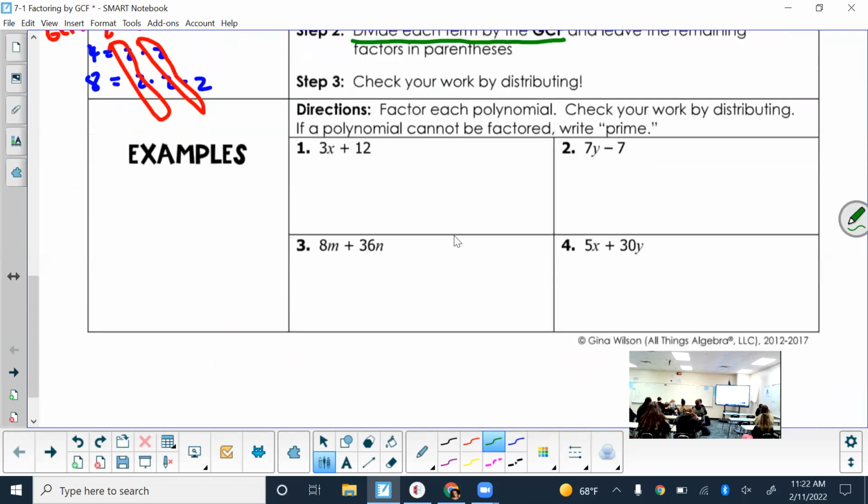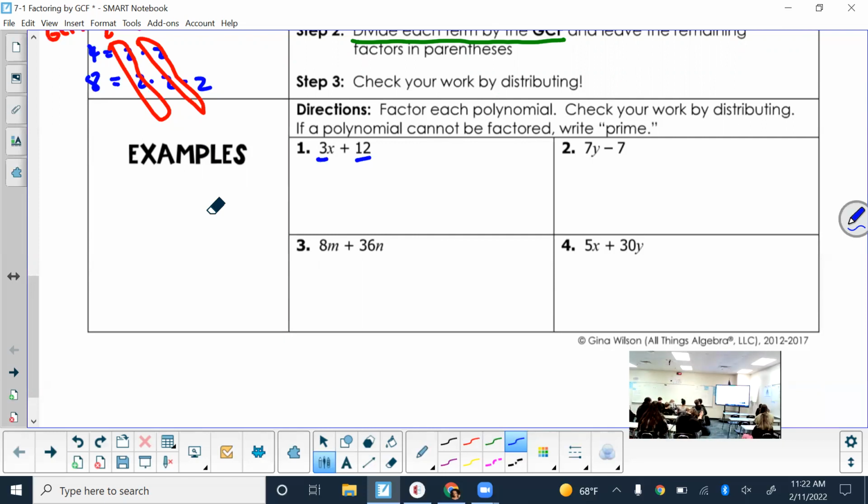Number 1, look at your coefficients. I have 3 and 12. We could make factor trees for both, but here's another little tip for you. Always look at the smallest coefficient, so the 3. If it can divide evenly into the other number, then that's the GCF. So can 3 divide into 12?